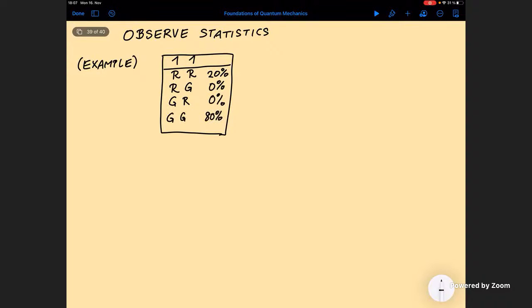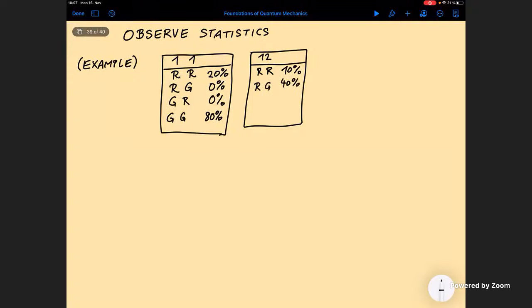And then you can go on and make the same little table for the combination 1, 2. And again, you ask, what's the likelihood to get red, red? And you measure something. I don't know what, so let's just put an arbitrary number, let's say 10% or so. Then you would have red, green, and maybe you have 40%.